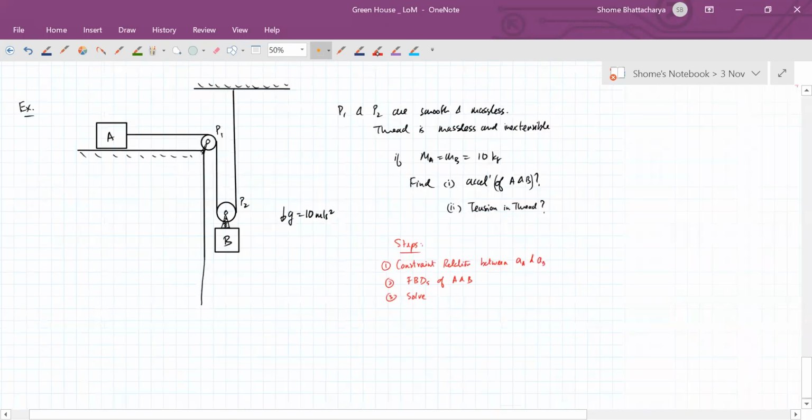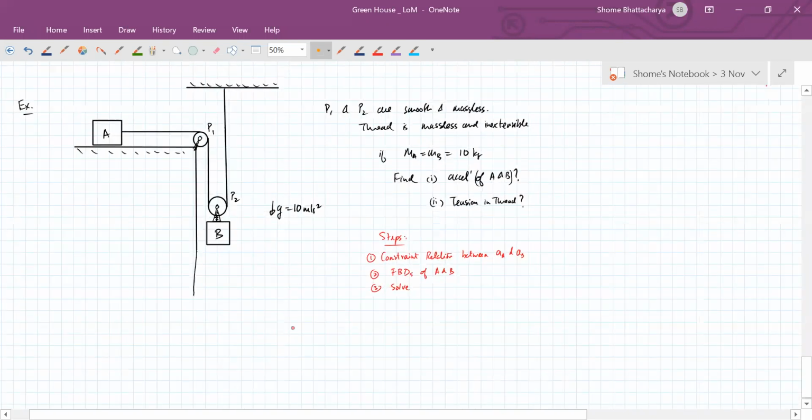Okay, first thing here, can you tell me what is this relationship? Acceleration of A is to acceleration of B, how much should it be here?